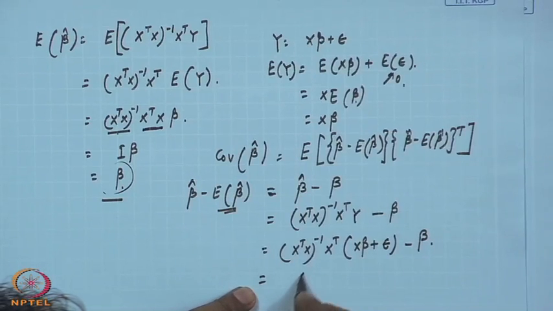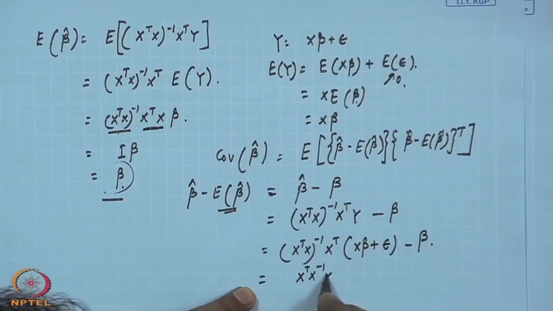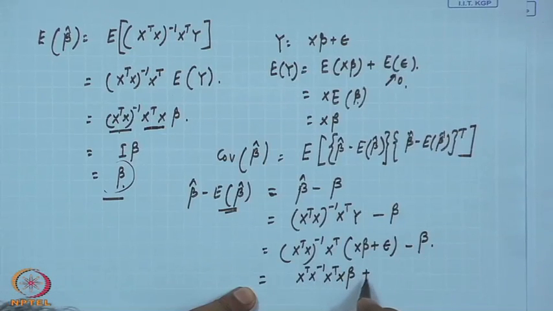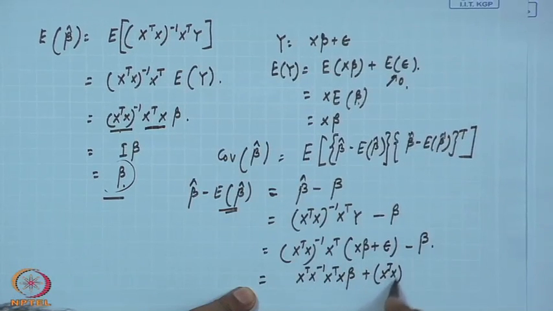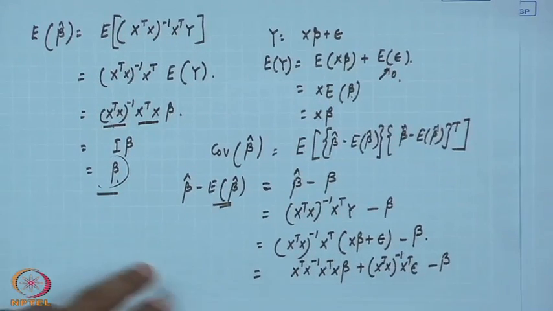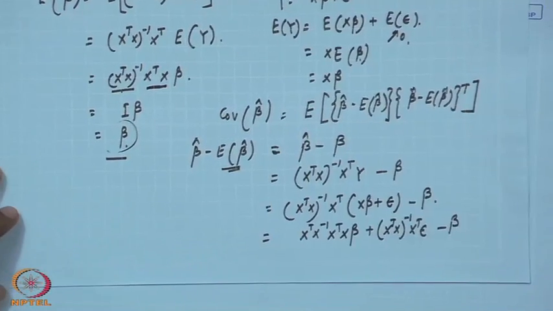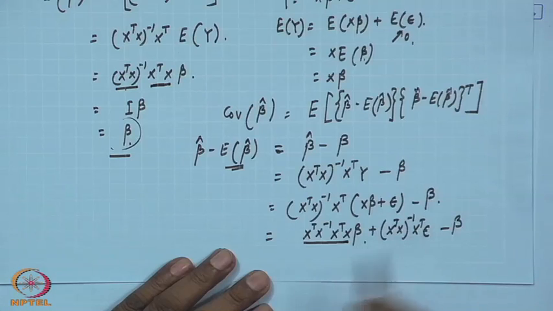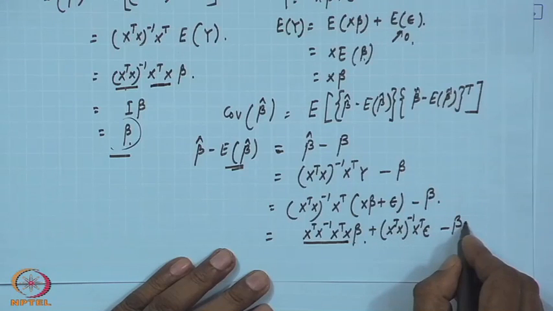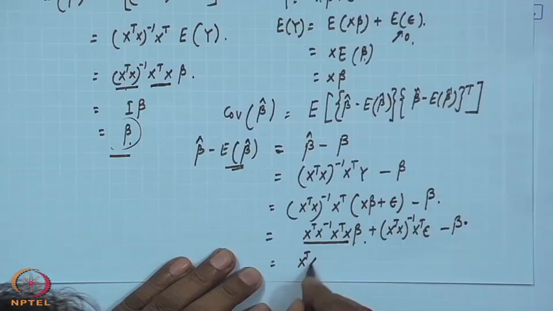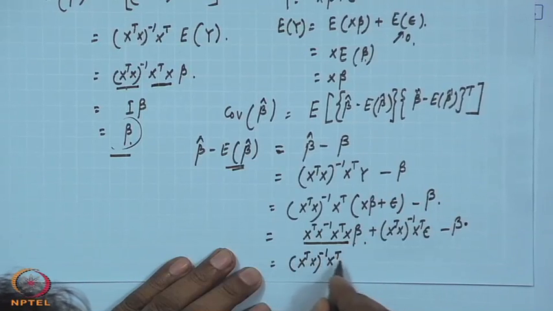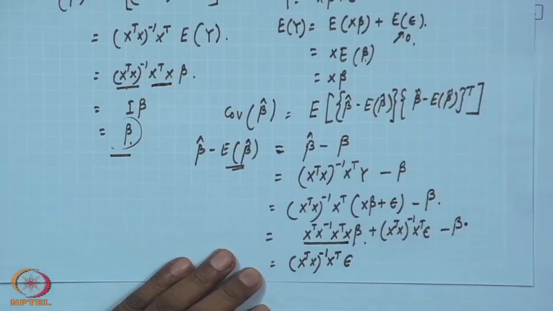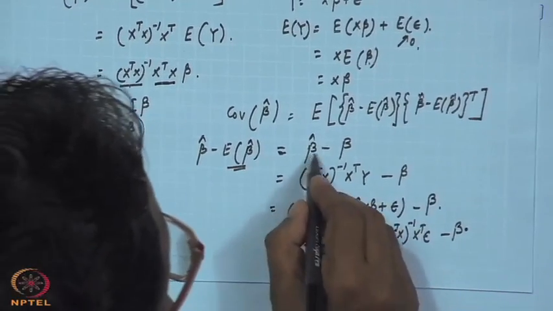The resultant quantity will become X transpose X inverse X transpose X beta plus X transpose X inverse X transpose epsilon minus beta. Minus beta, and this quantity is I, so this is beta. So, beta minus beta cancel out. So, ultimately you are getting X transpose X inverse X transpose epsilon. So, your beta cap minus beta is this.